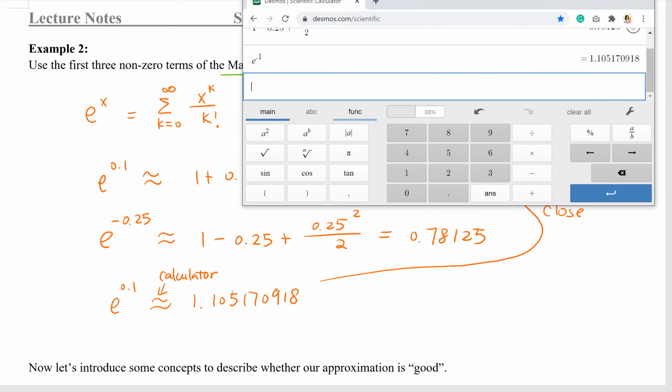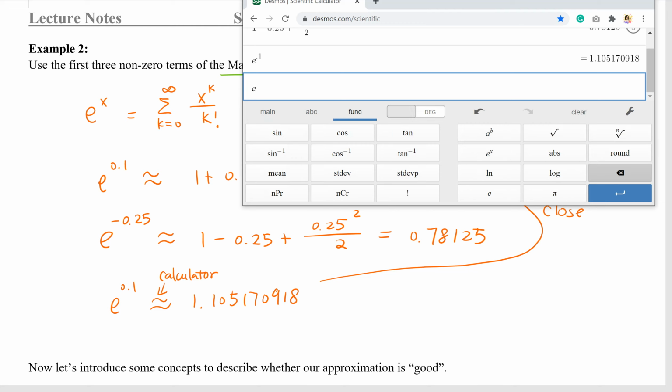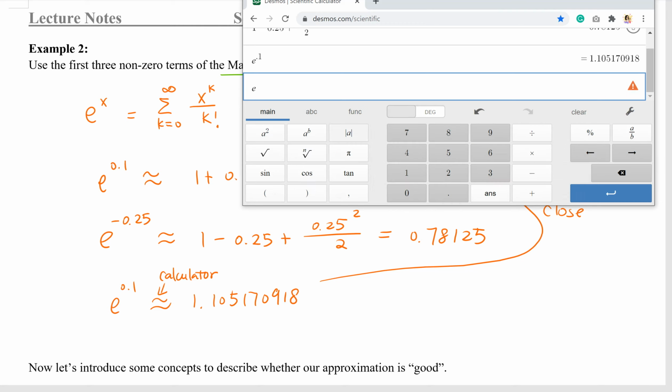So we have e to the negative. Let's see. Some calculators have negative and minus as different buttons. Let's see whether this website treats them as the same thing. Okay, yeah, they mean the same thing.